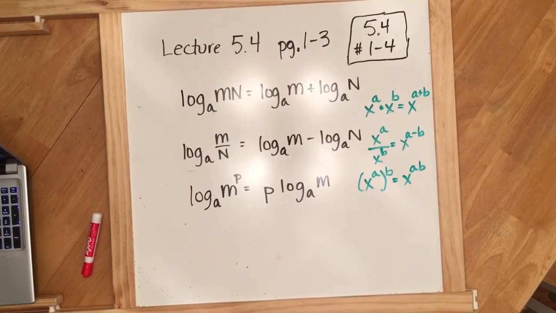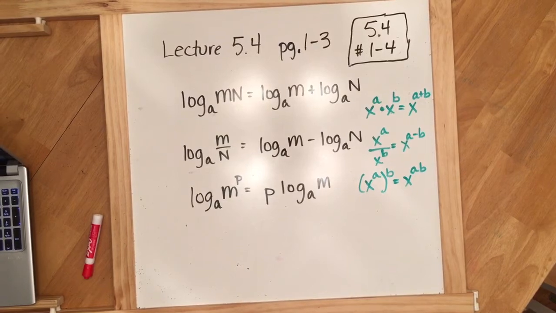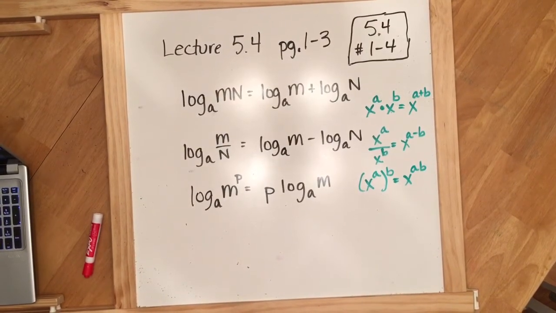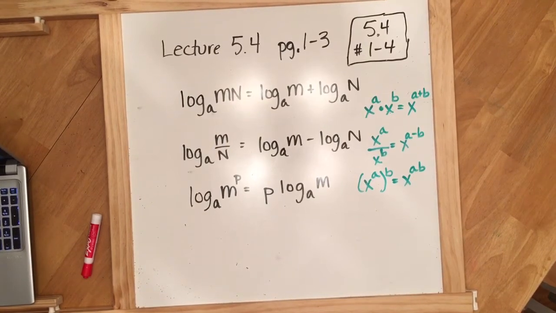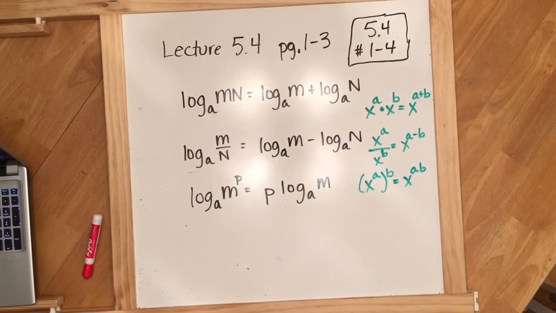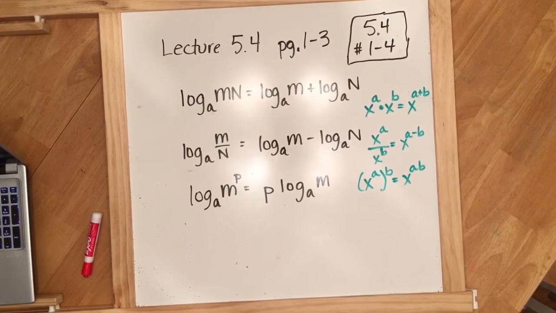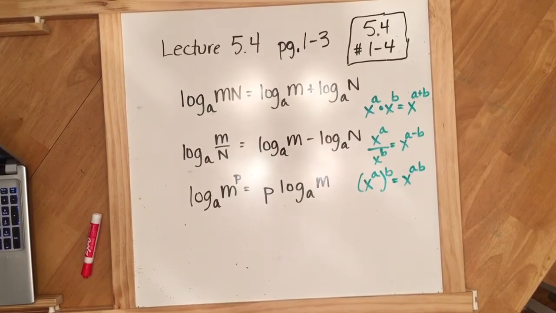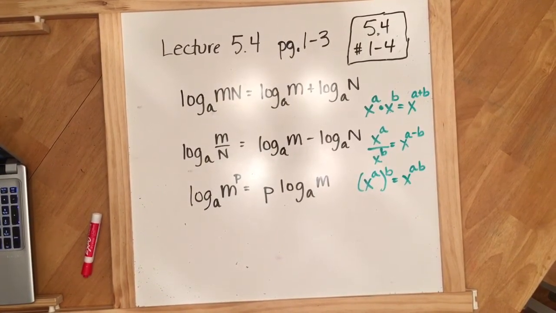So we're going to expand, which means to express as multiple logarithms. Let me get this written so you can see them. They're going to match exactly what's on your notes there.